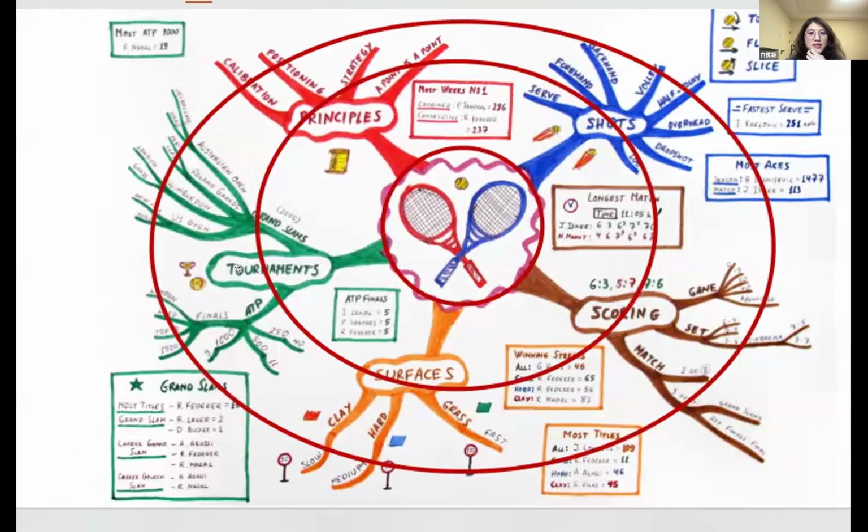So let's see the case study. This is a mind map about table tennis. You can see it has circles here, because the first circle is your keywords, your key project name, whatever. And the second circle is called broad domain keywords.